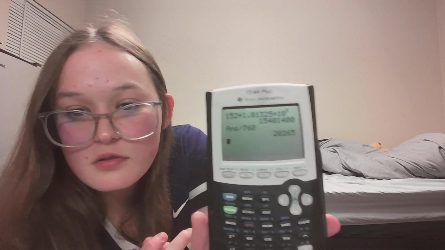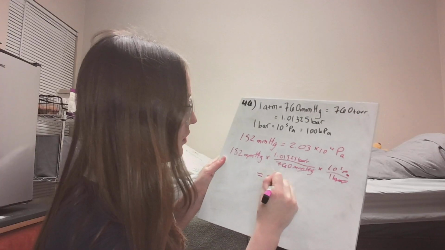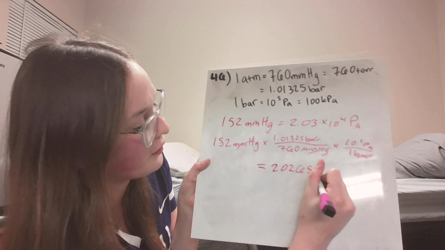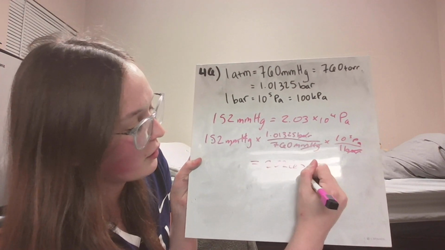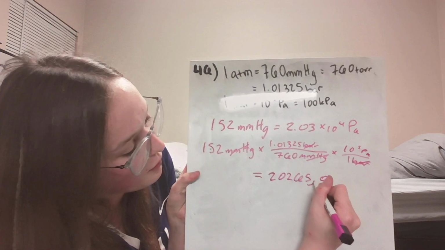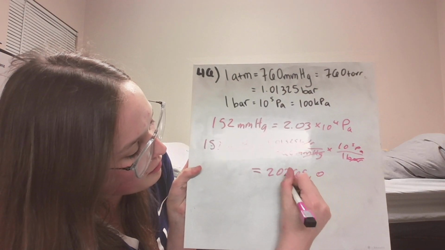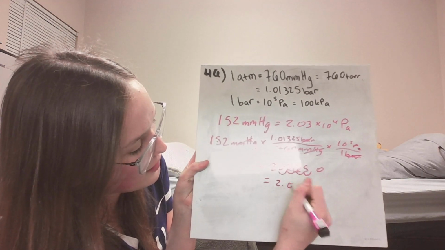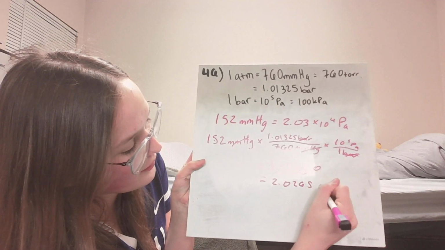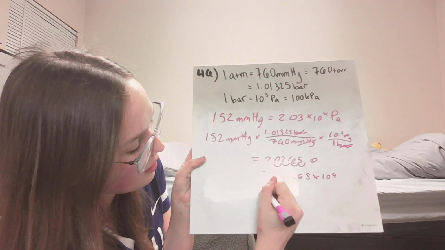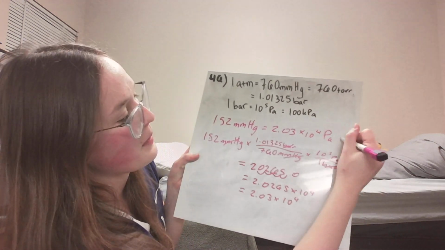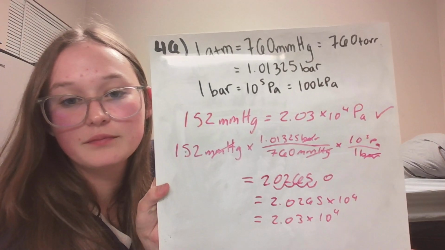We get 20265, which y'all might think is not this, but if we move the decimal 1, 2, 3, 4 times, that means this is actually 2.0265 times 10 to the 4th, or 2.03 times 10 to the 4th. So we know number 2 is right.